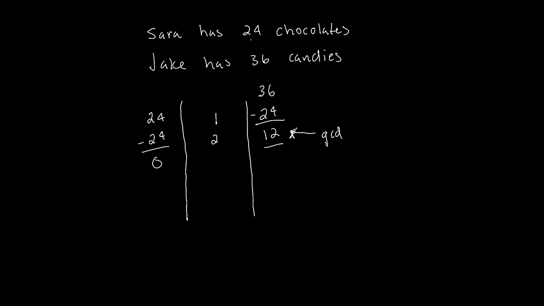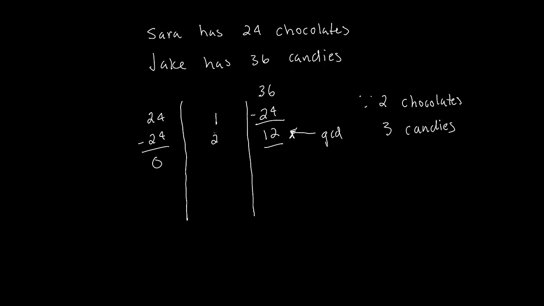Talking it out loud, if we have 24 chocolates and we have to divide it into 12 bags, that means that we would have 2 chocolates per bag. And how many candies? Well, if we have to divide 36 candies among 12 bags, that means that we have a total of 3 candies per bag.